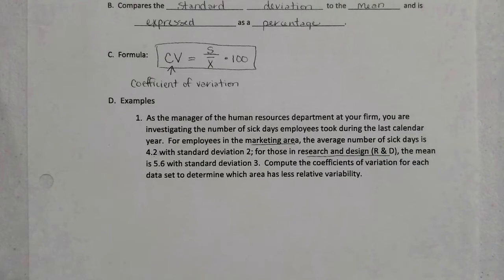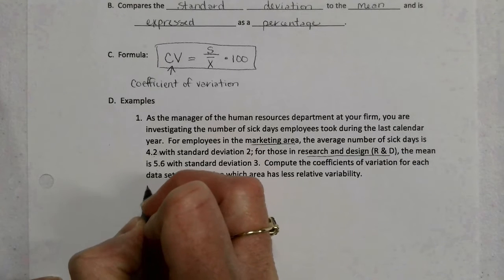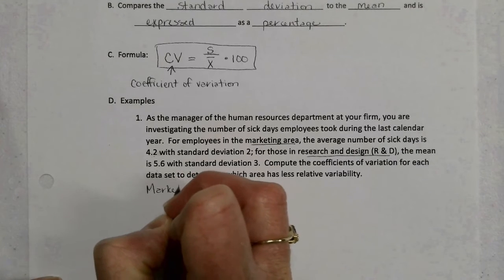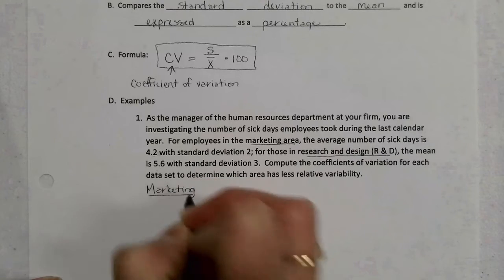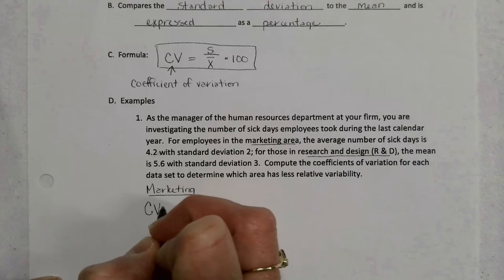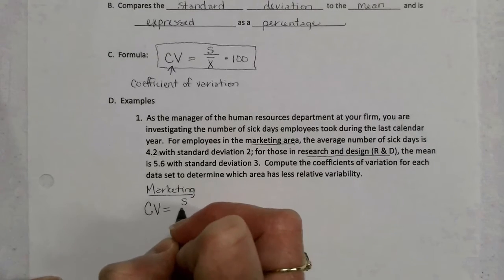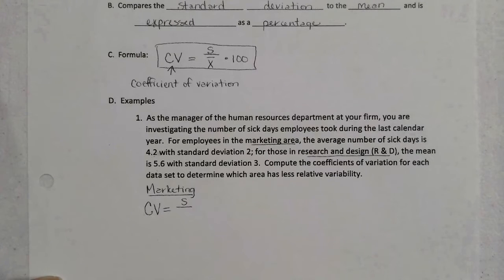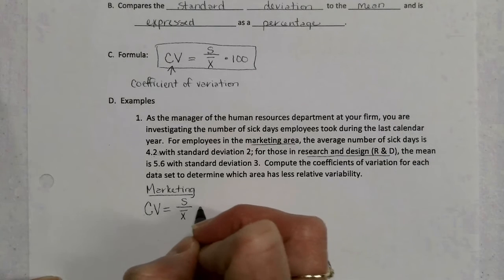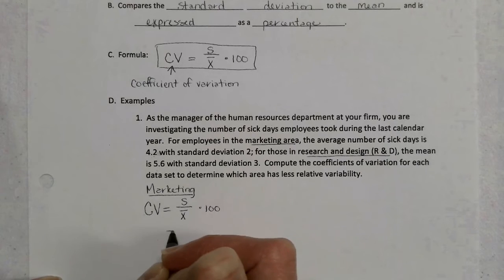So let's compare those coefficients of variation so that we can make it a normalized number that we can actually compare. So for that marketing group, I'm going to get their coefficient of variation. And once again, I'm going to take my sample standard deviation and divide it by that mean, and then I'm going to multiply by 100.